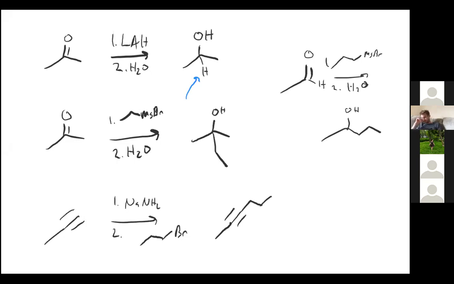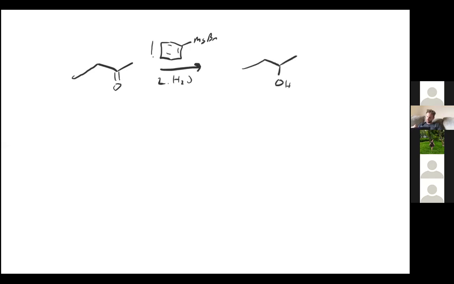Yes, can it be as long as you want? Yeah, you can really do whatever you want with these reactions. One you will probably see a lot, if you take the lab along with this class, is phenyl magnesium bromide. So reducing down to an alcohol, adding an aromatic ring.